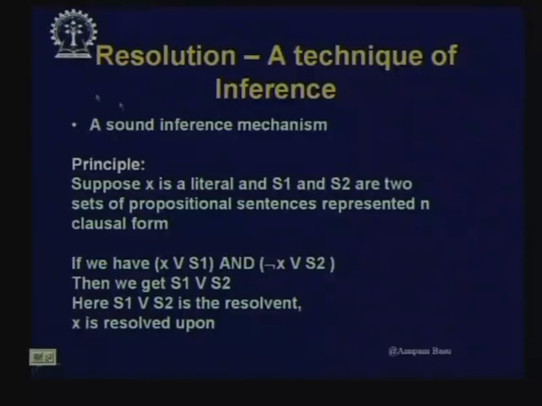So, here suppose S1 and S2 are two sets of propositional sentences represented in the clausal form. We already know what is a clausal form. A clause is a disjunction of literals. And also we mentioned what is a horn clause. Just in the last lecture we had discussed that on the right hand side of the implication there can be only one literal.